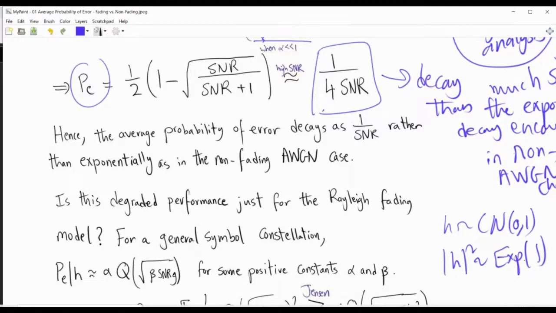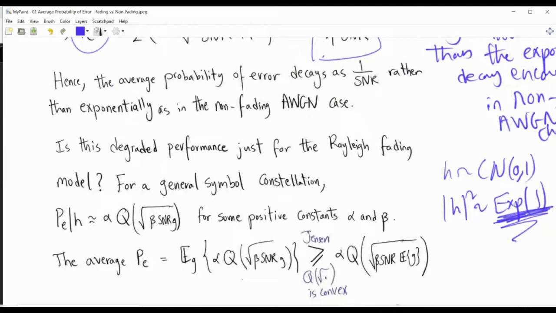Perhaps things are even better than the non-fading case if you change the distribution. So you are right if you say that perhaps it is just this distribution giving this very slow decay, but we can get something better using another distribution. So the answer is no.